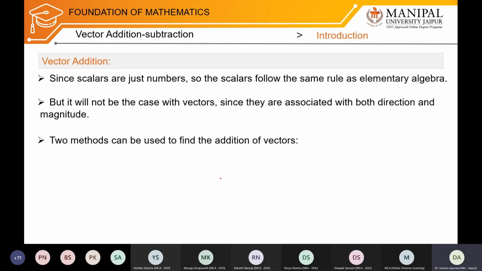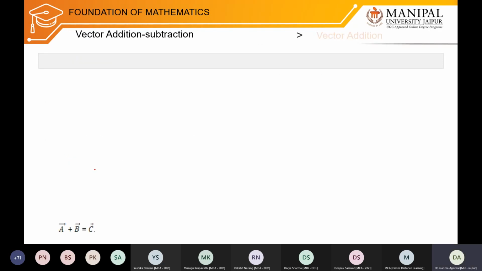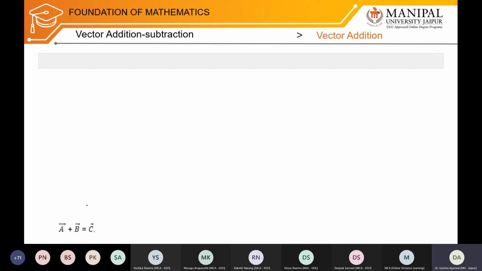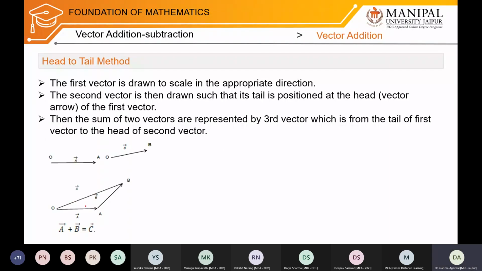Now vector addition. To find the vector addition, we have two rules. One is head to tail and the second is parallelogram. So how to add head to tail?